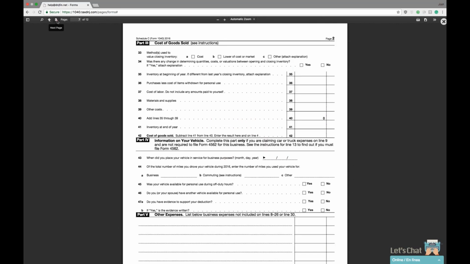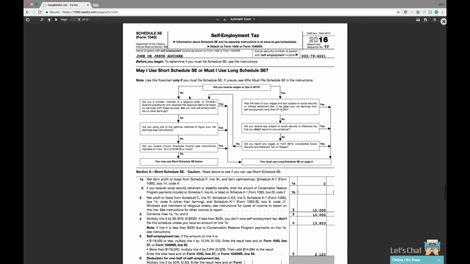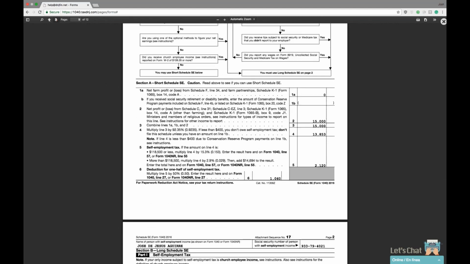So if we look for the self-employed tax, there you go, self-employment tax. You'll have the form at the bottom, and you'll see here really quickly what happens. Check it out. The customer came in with $15,000. The IRS is only going to use $13,853 for tax purposes.